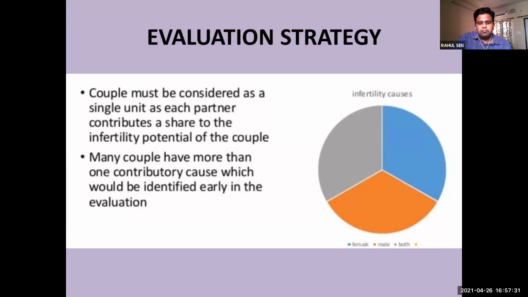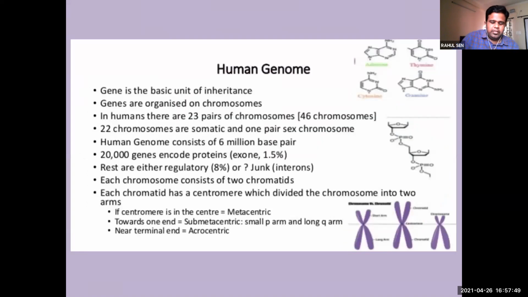Many couples may have more than one contributory factor or cause, which would be identified either early, which is the best way, or in later stages that may not be good for us or for the couple also. So going back to the genes and genetics of humans, that is the genome.